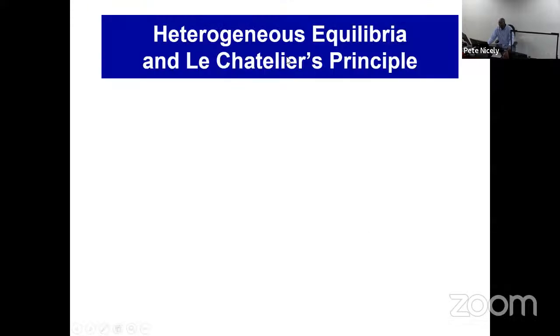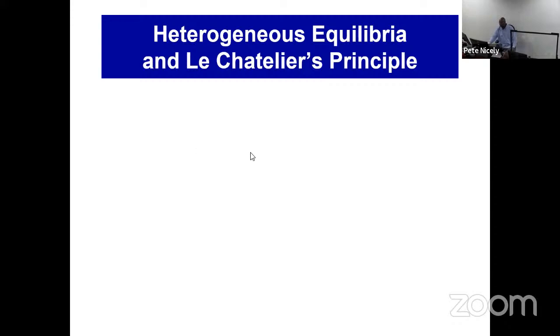All right, so let's talk about a situation where we have what we call a heterogeneous equilibrium. What this basically means is that you have different reactants and products in different states. How does that come into play when it comes to predicting the direction of equilibrium in a system?